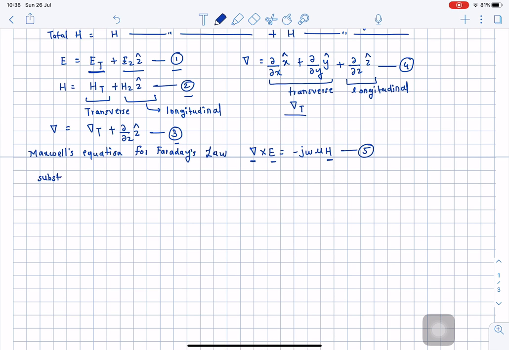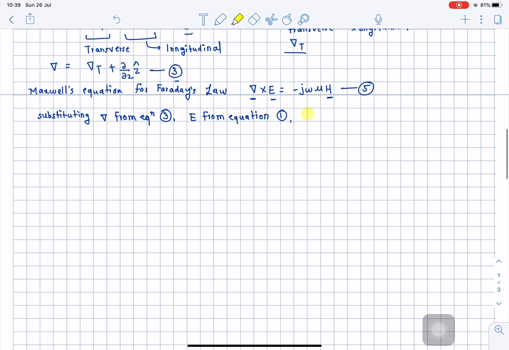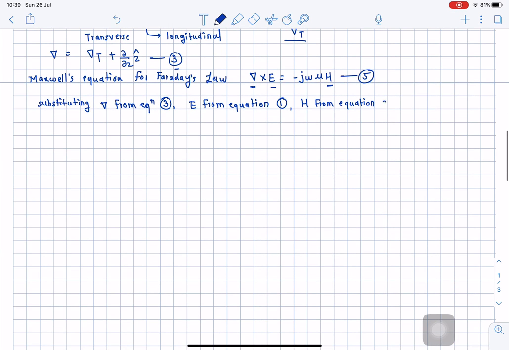Substituting del from equation 3, E from equation 1, and H, the total magnetic field, from equation 2, into equation 5.